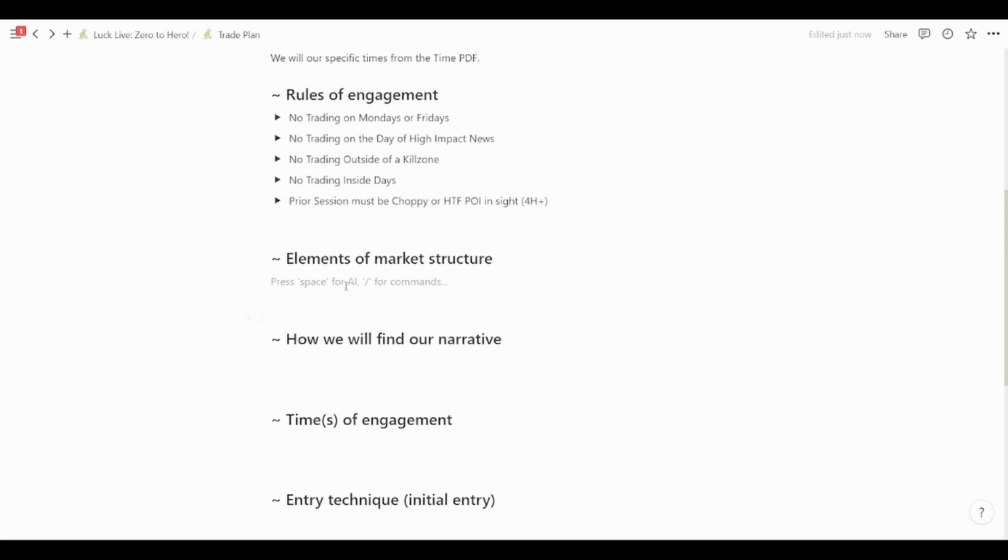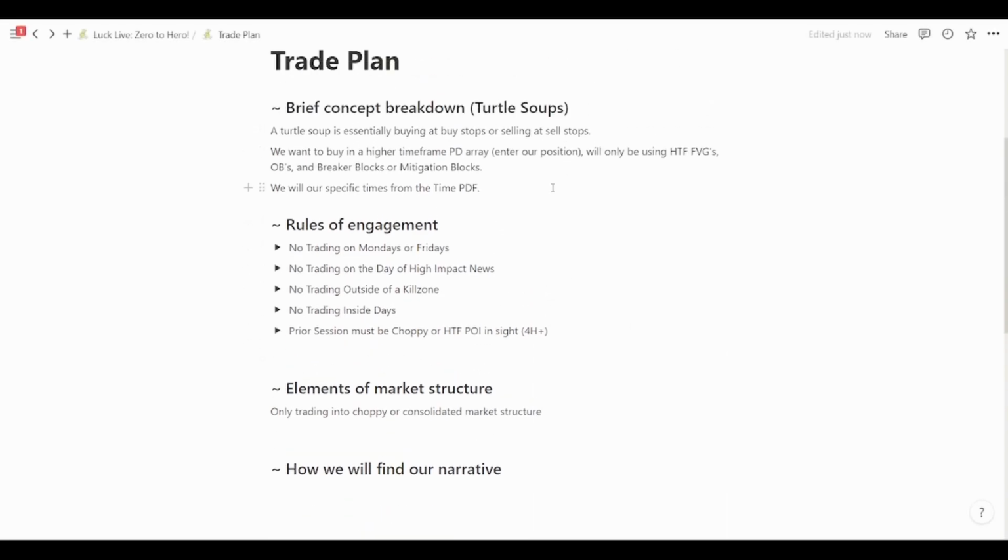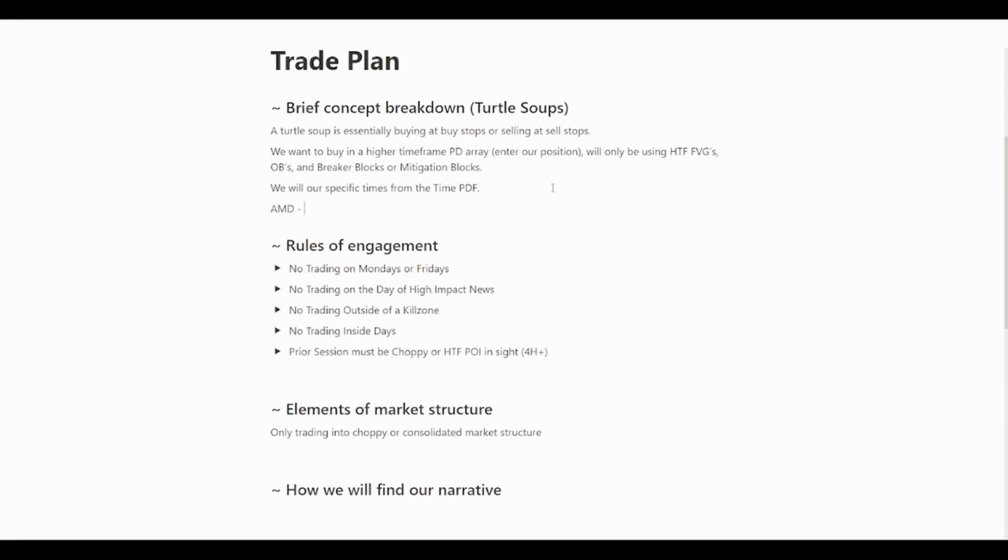The elements of market structure. So again, only trading into choppy or consolidated market structure. We'll have to add this into my brief concept breakdown. I'm sure most of you guys are familiar with accumulation, manipulation, distribution, right?